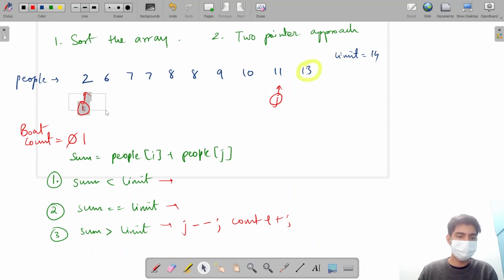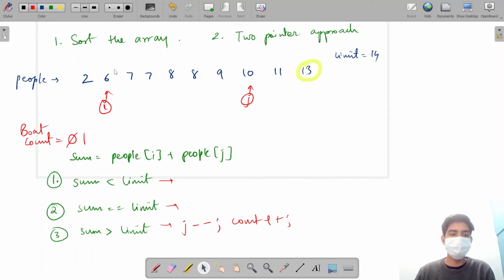So I'll increment my i and I'll decrement my j, because these two people can go together on the boat and I've included them in my answer. So if my sum was less than my limit, I'll increment my i, decrement my j, and I've used one boat, so I'll increase my count by 1.